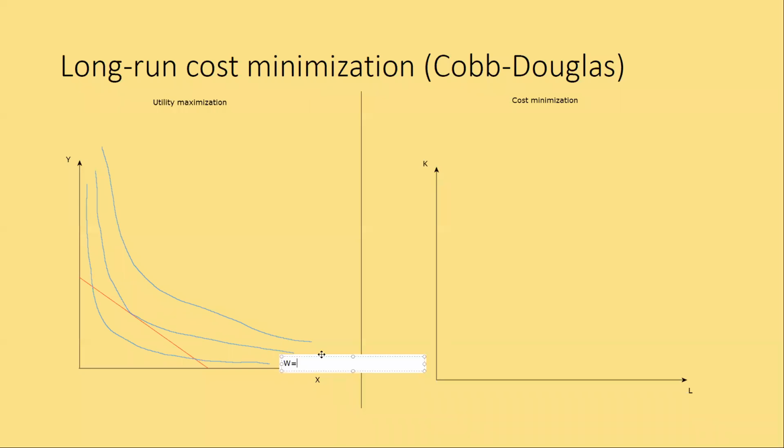This is U equals U1. We have U equals U2, that is larger than U1. We have U equals U3, that is larger than U2, because the higher the indifference curve, the higher the level of utility.